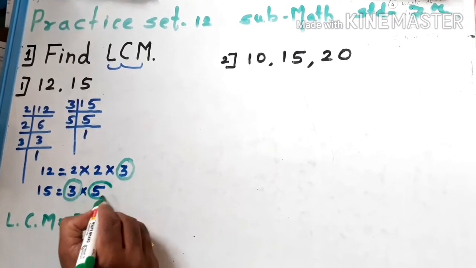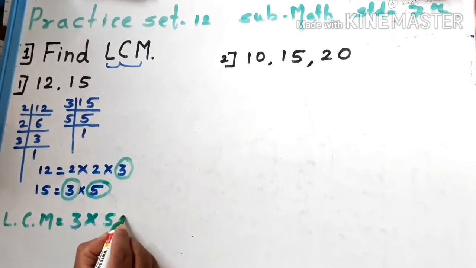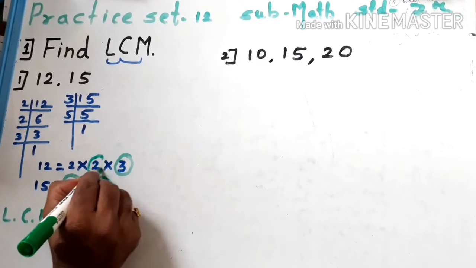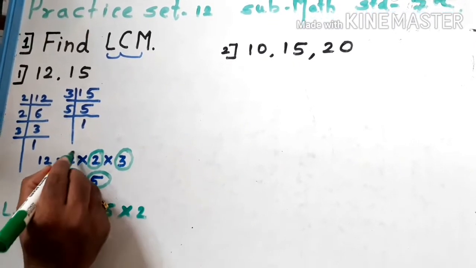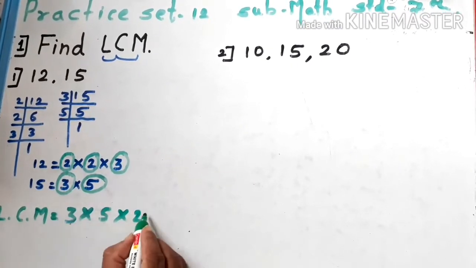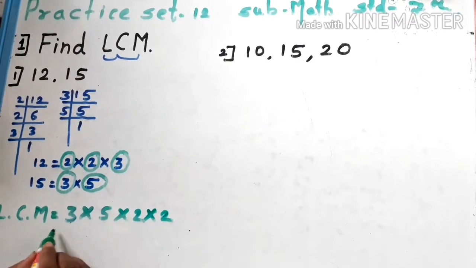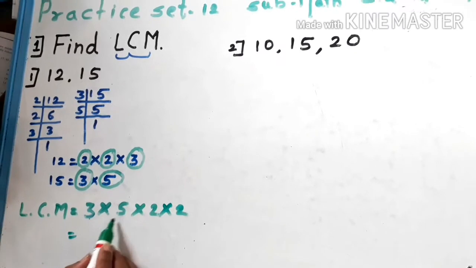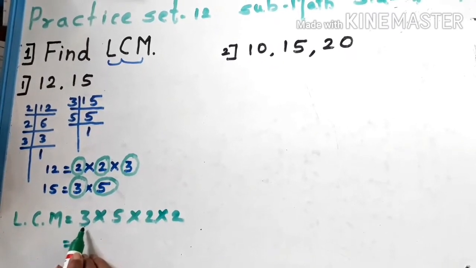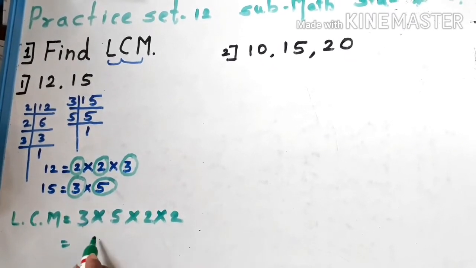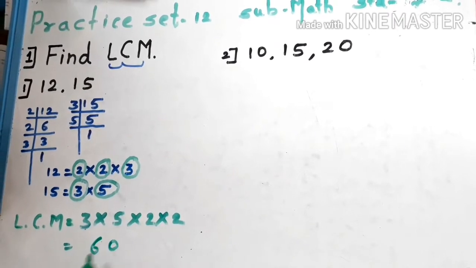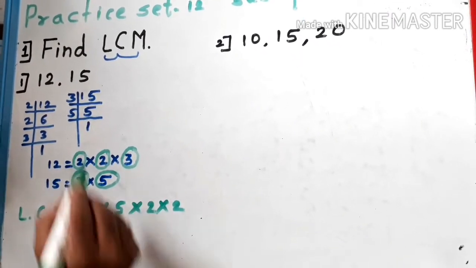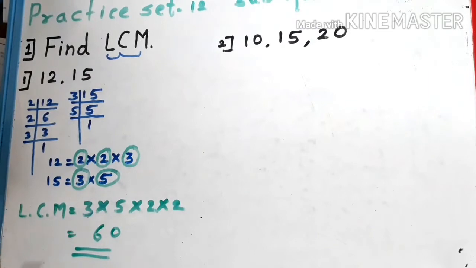This 5, into this 2, into this 2. This is the LCM of 12 and 15. 5 into 3 is 15, 15 into 4 is 60. So 60 is the LCM of 12 and 15.